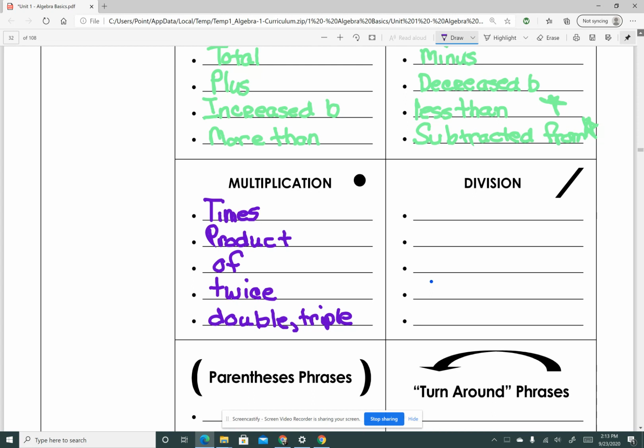And when we divide, of course, we have the answer when we divide, which is the quotient. We say we want sometimes things in separate groups. We can say, of course, divided by. Or we can cut something in half or thirds.